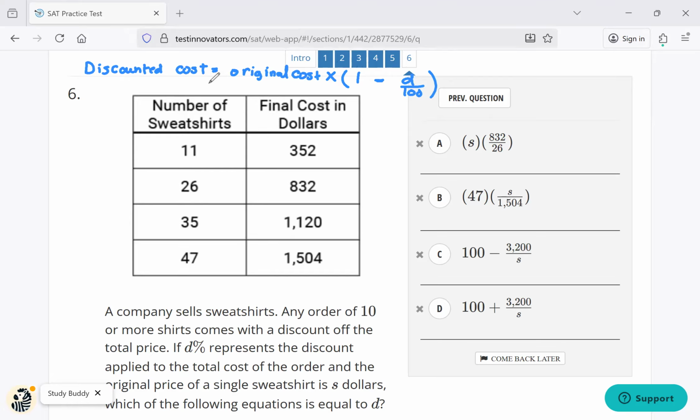Okay, so that is my equation. And I'm going to pick a random point. So I'm going to choose this point. You can use any point you like, but I want to use that one.